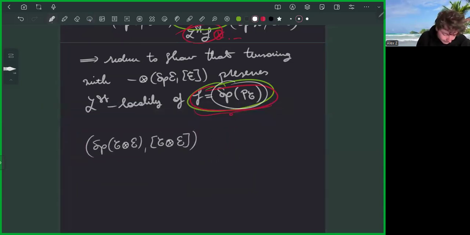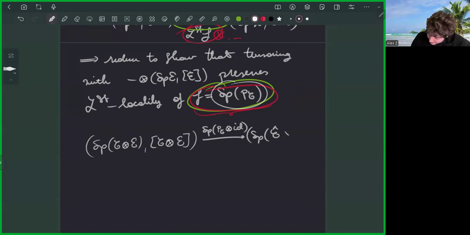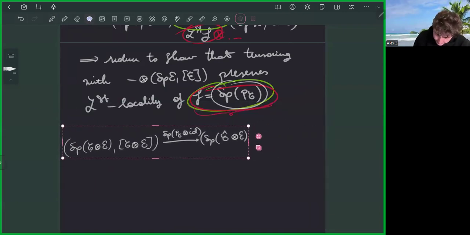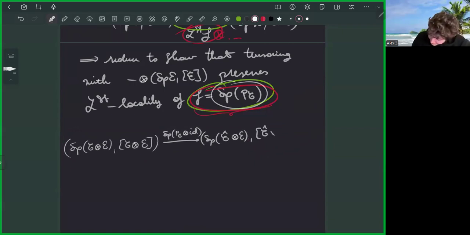We go from SPC tensor E, like here, to the equivalence class, and we go into SP completion of CE, and then the equivalence class of this completion of C with E. Sorry, I have to make it smaller, I think it wouldn't fit otherwise.